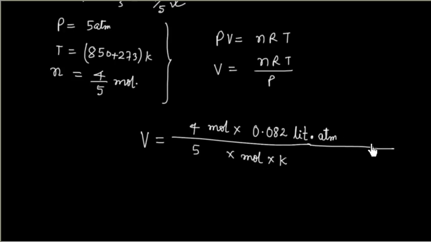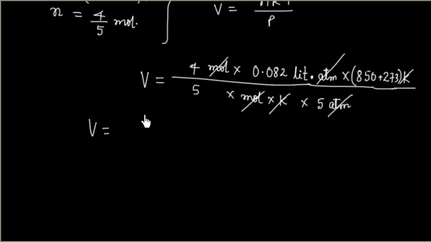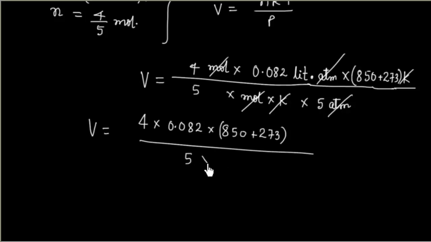Temperature is 50 plus 273, and this is in Kelvin. This is divided by pressure, which is 5 atmospheric pressure. So let us cancel atmospheric pressure. Mole goes, Kelvin also goes. So we will have volume equals 4 into 0.082 multiplied by 50 plus 273, divided by 5, and this is also 5, and the volume will come in liter.